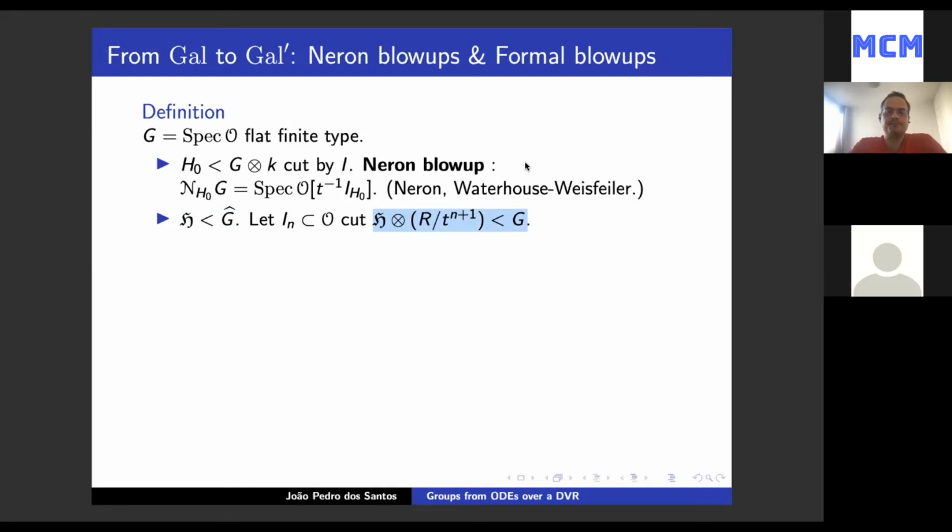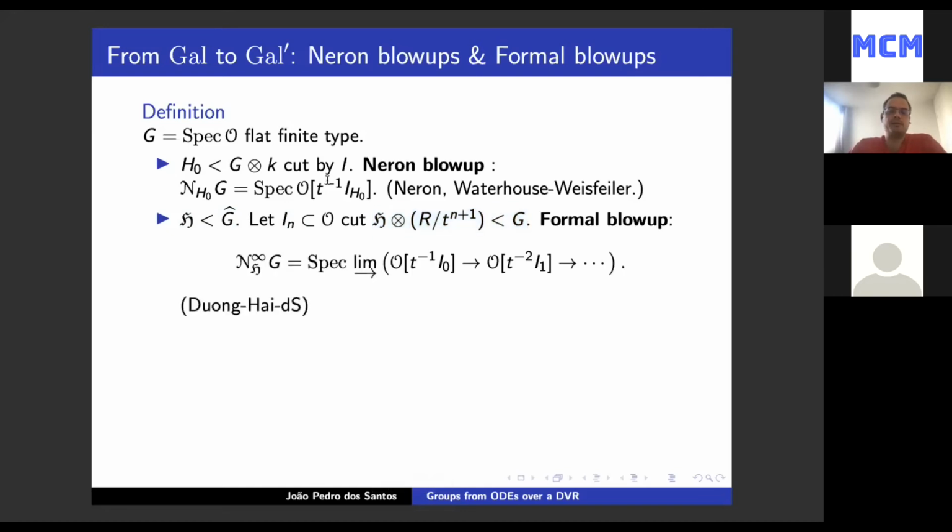And instead of taking just one Néron blowup, I take all of them. So I start adjoining, as I go on, more and more division by T.